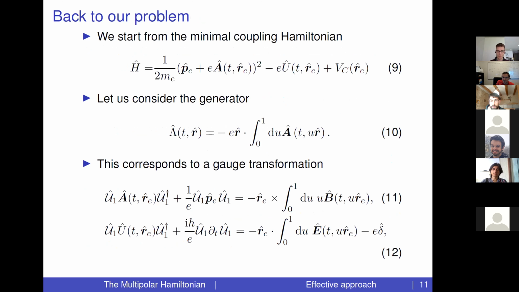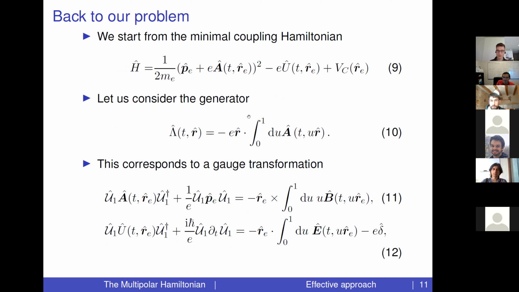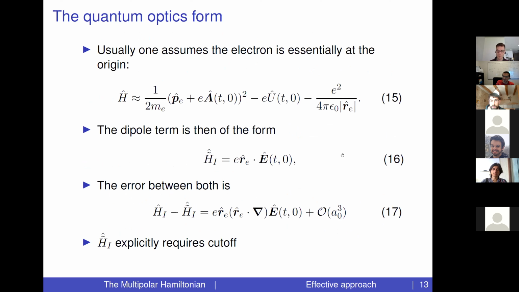It is exactly the same way as we get from here to this form by the generator of this form, but approximated in the quantum optics version to no longer this integral, but the field operator evaluated at 0. So we still have a gauge transformation from the minimal coupling to this new dipolar Hamiltonian. There's a gauge fixing going on here, and it is usually ignored.